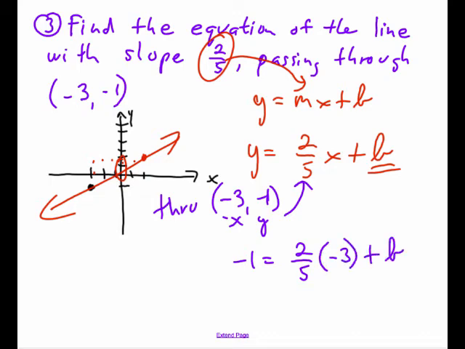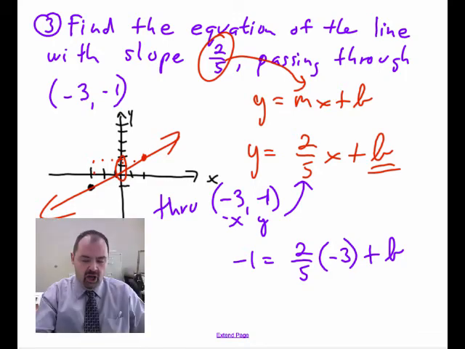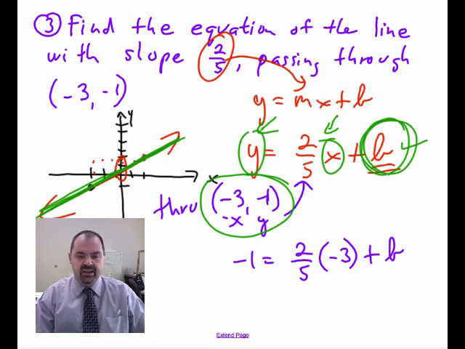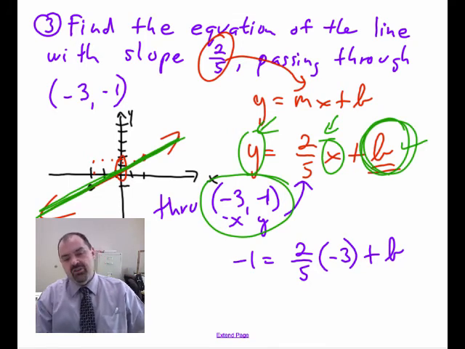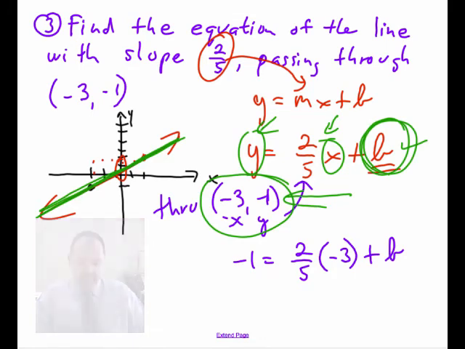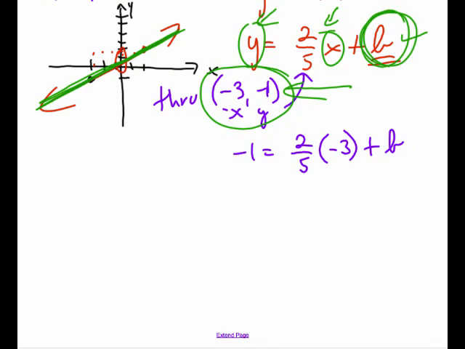Now just keep in mind here that x and y are a lot of different values. This is just one set of values that will work in this equation. Any point on this line is a value that needs to work for x and y. But there's only one y-intercept. So what we're doing is using one specific point for x and y to calculate the only value that's possible for b. So we have a little bit of number crunching to do here.